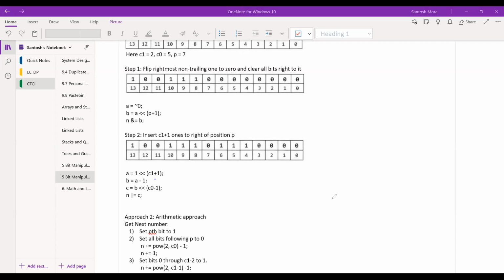And then we need to actually shift C0, C0 minus 1. So in that case, C0 is 5, right, in our case. Because we have to shift all of them to this position, right? Okay, let me see what another thing has happened here.